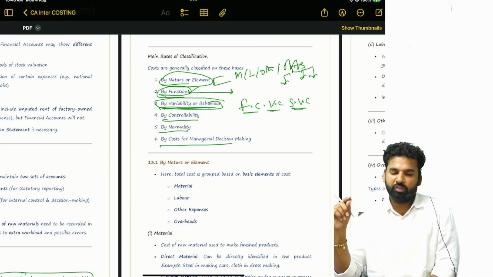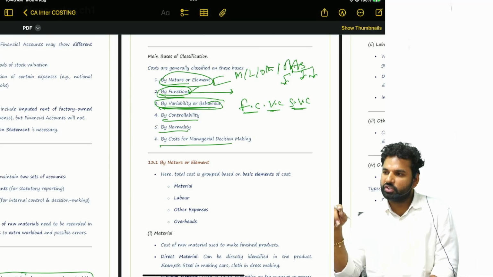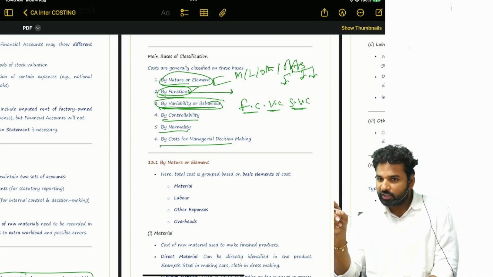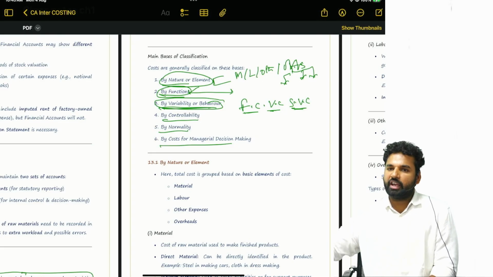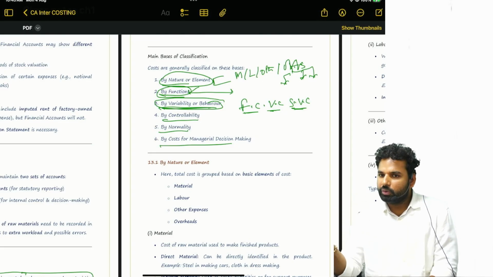Semi-variable cost means which is not fixed, which is not variable. So you have to check whether it is semi-variable or not. How will you check? First of all, you check for fixed cost, whether it is same for every level of activity. Later, on per unit basis, you check whether it is same for all levels of activity. If these two are not working, then it is semi-variable cost.